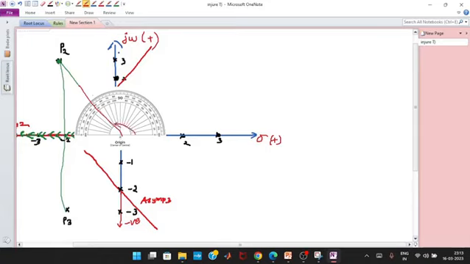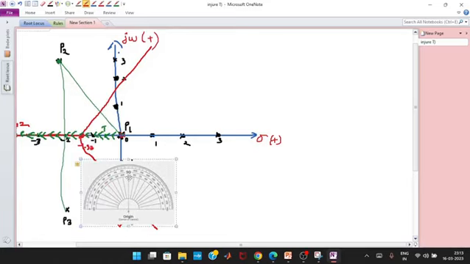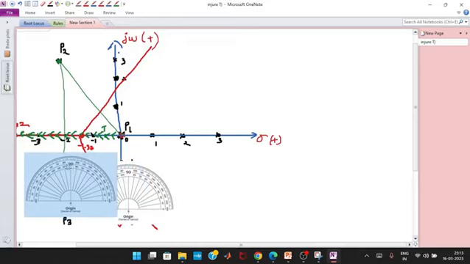The angle from pole 1 to the complex pole will be somewhere around 125 degrees. Similarly, from P3 you keep your protractor over here.